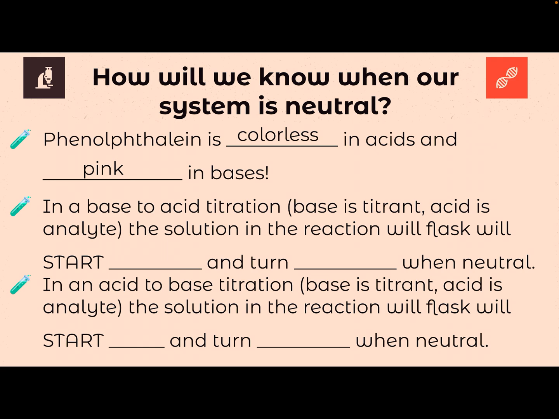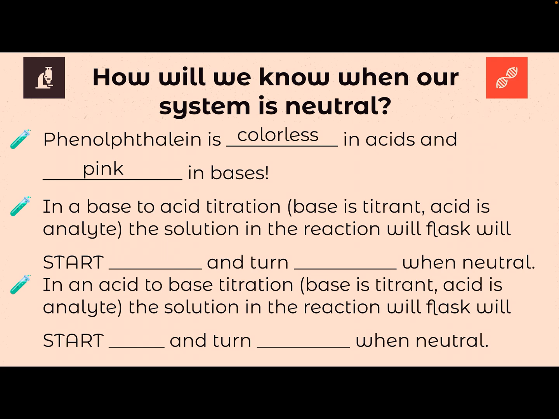There's 2 types of titrations, right? You start with a base or you start with an acid. In a base to acid titration, your base is your titrant and your acid is your analyte. So your acid's your unknown here. You're going to drop your indicator into your analyte because that's in your reaction flask.